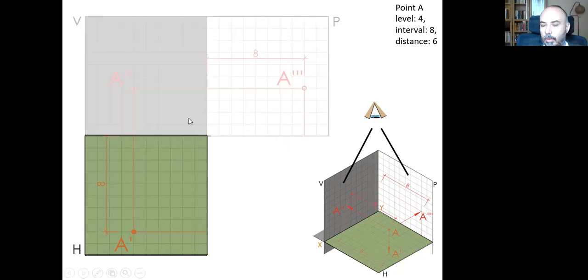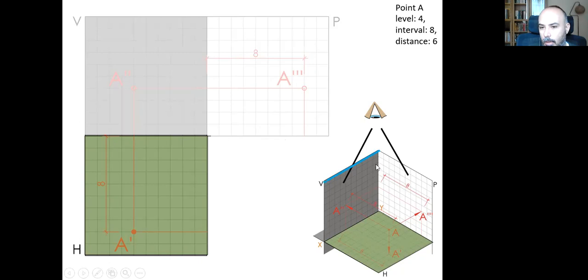And just concentrate on this part of your drawing. Try not to see the rest of it. Just concentrate on the horizontal projection plane, because that is what is in front of you.